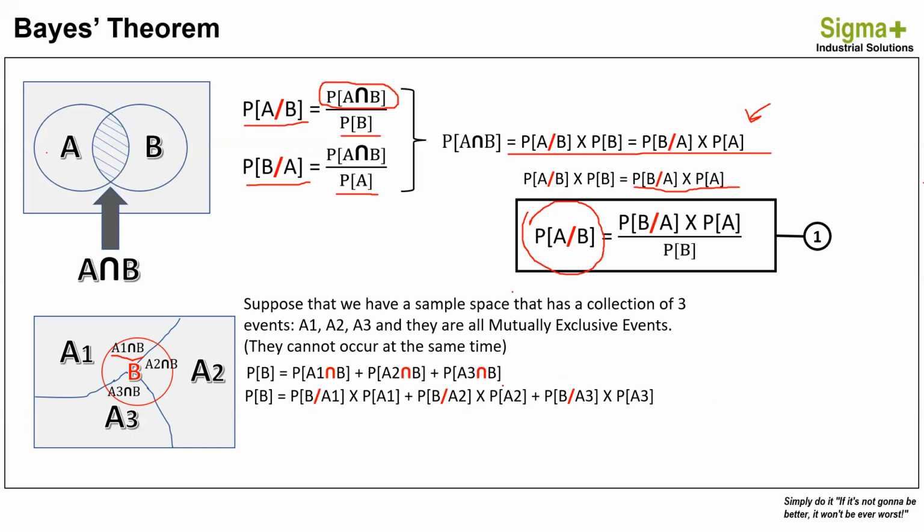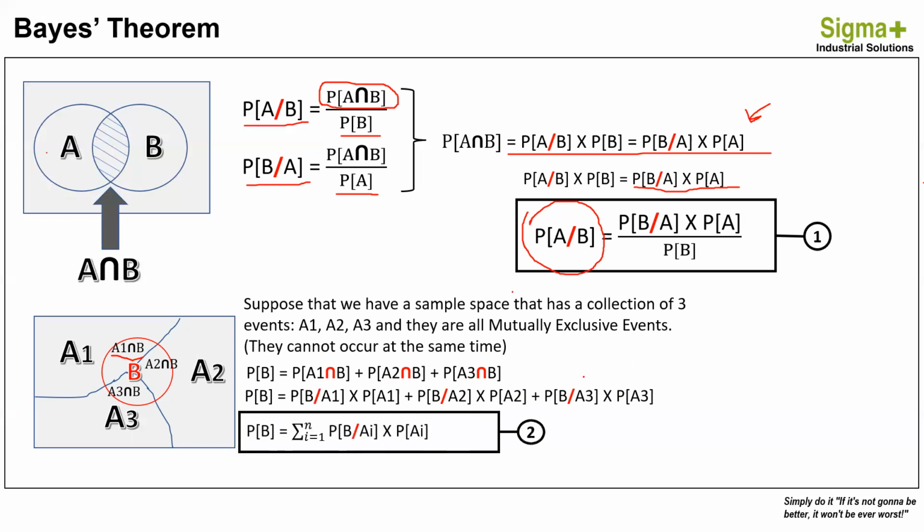It does not end with the number 3. If you have more than 3, there will be the total summation of the probabilities, right? So I can conclude another formula here: the probability of B is the summation of all the probabilities of B subjected to the condition of Ai, where i runs over the total number of events, multiplied with the probability of each event.